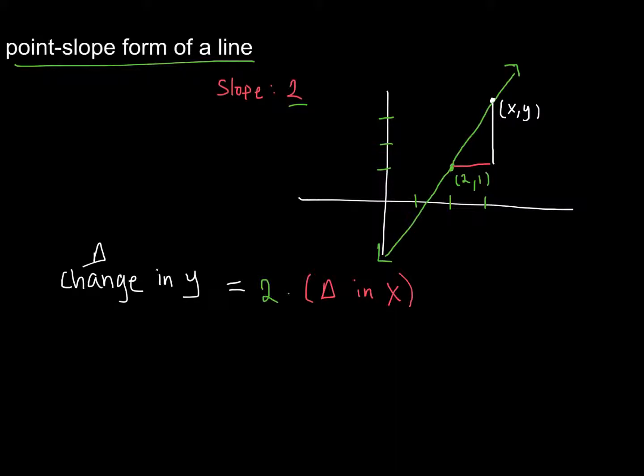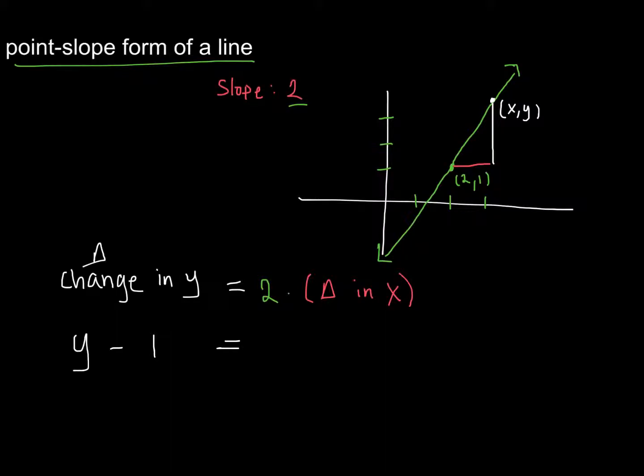And so now putting these words into actual values, how would you compute the change in y? Well, the change in y is going to be whatever your new y value is, which is this variable y, the output variable. And the change is going to be the new value minus the old value, y minus 1 in this case.